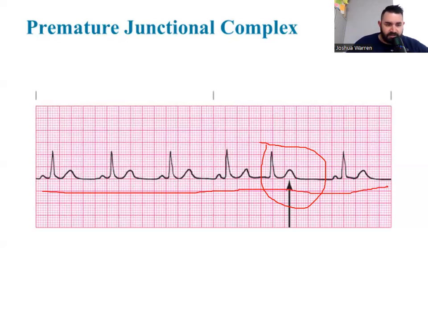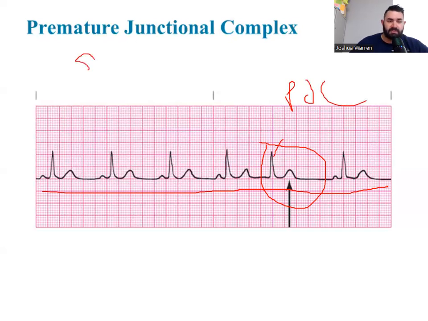So everything's normal except for this one complex. So the underlying rhythm here is still a sinus rhythm, but it has one ectopic beat, which is one irritable foci that is coming from where? The AV junction, because it has no P's here, and it's early, so it's a premature beat. It is a PJC.